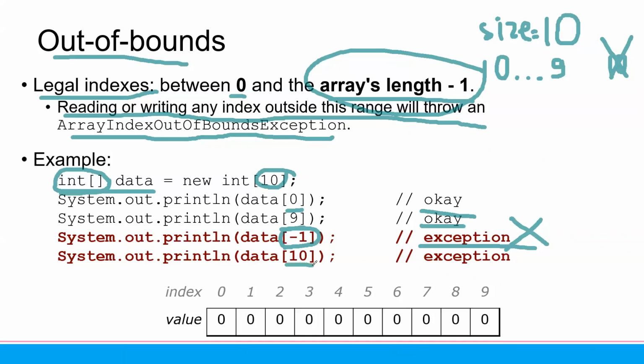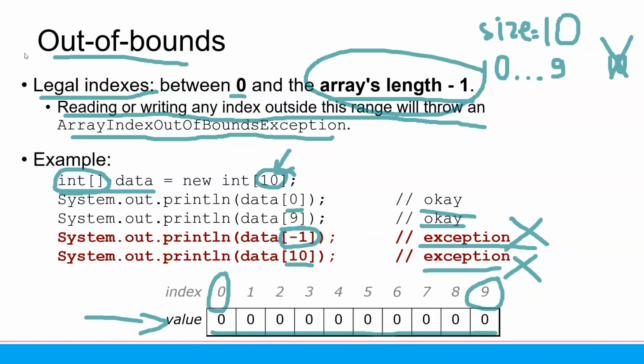If it is index 10, it is also an exception or error because the size is 10. The index should be up to size minus 1. So if we have size 10, then we have index 0 until index 9. Okay.